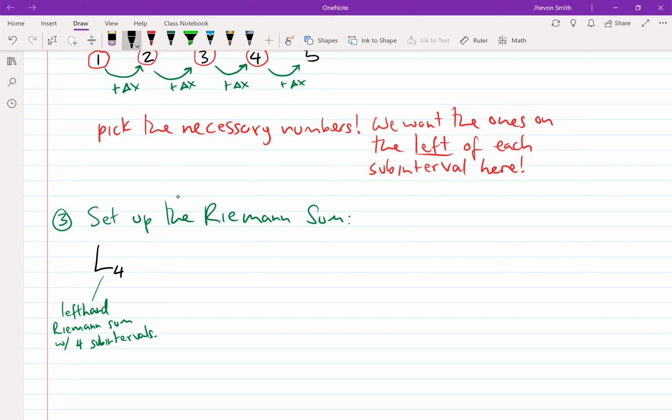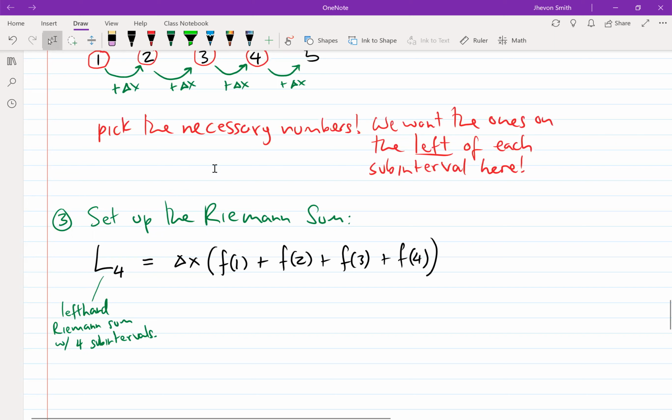That is going to be equal to, well, these are all the numbers I'm picking. So it's delta x times f evaluated at 1 plus f evaluated at 2 plus f evaluated at 3 plus f evaluated at 4. Those are all the numbers that I picked.